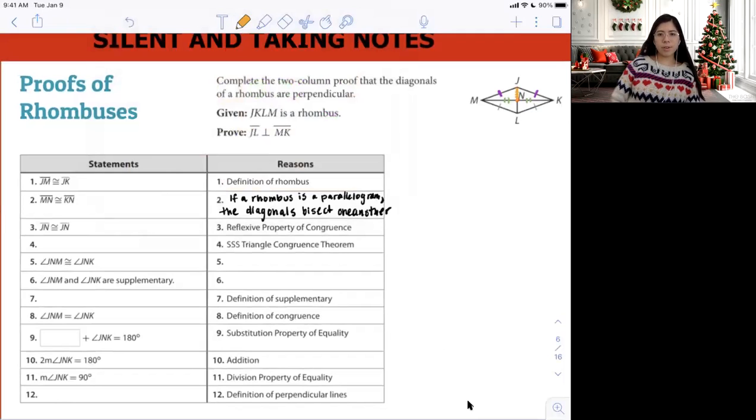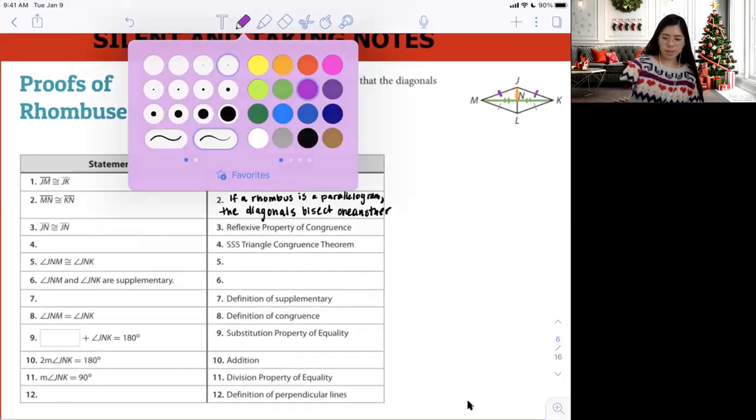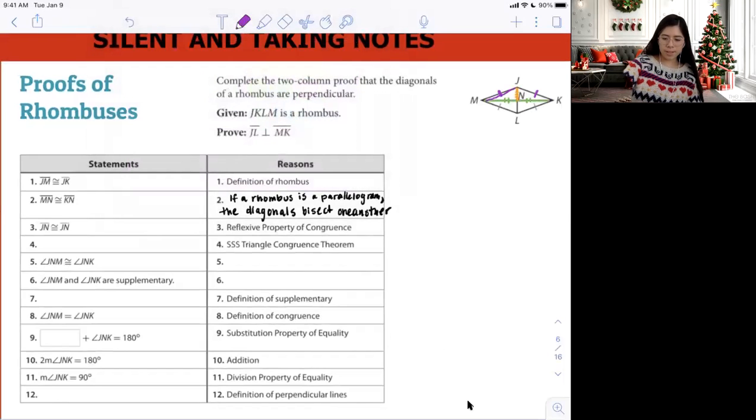Then it looks like we're using SSS. What can I prove using SSS? Yes, but what am I proving using SSS? That triangles MJN and KJN are congruent.